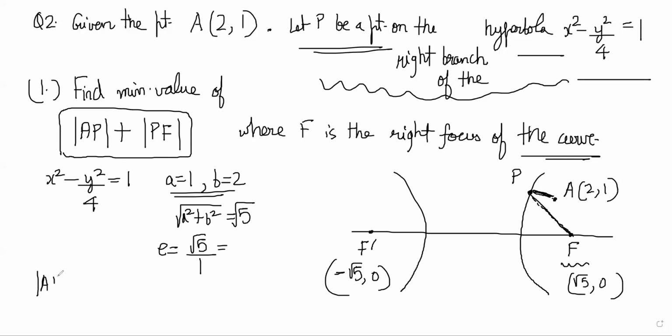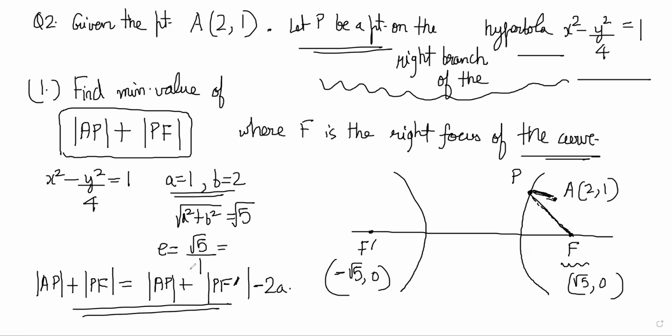We have modulus AP plus modulus PF will be greater than or equal to... one second, before we do that, instead of AP and PF, I can write it as AP plus PF dash minus 2a.